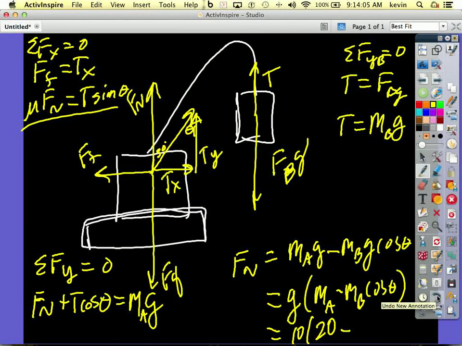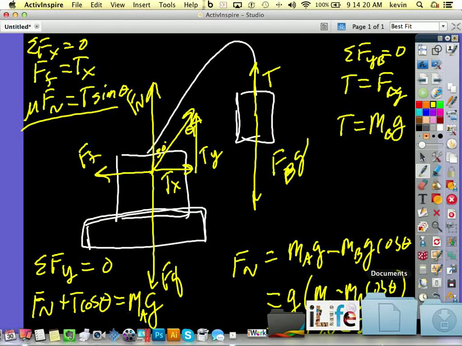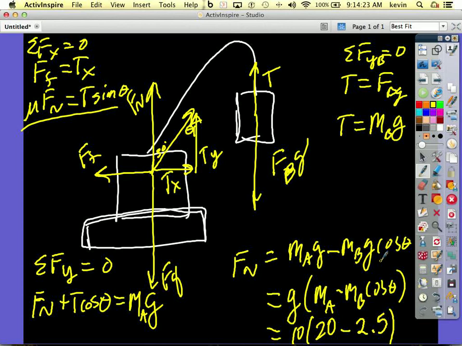And the cosine of 30 is 0.866. So this becomes 0.8 would be 2.4, 2.5. So then that's going to be 175 minus 75, so 5 newtons.